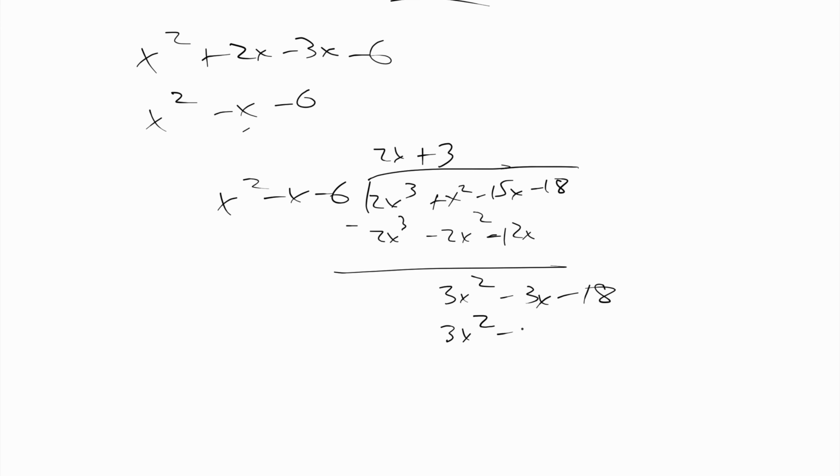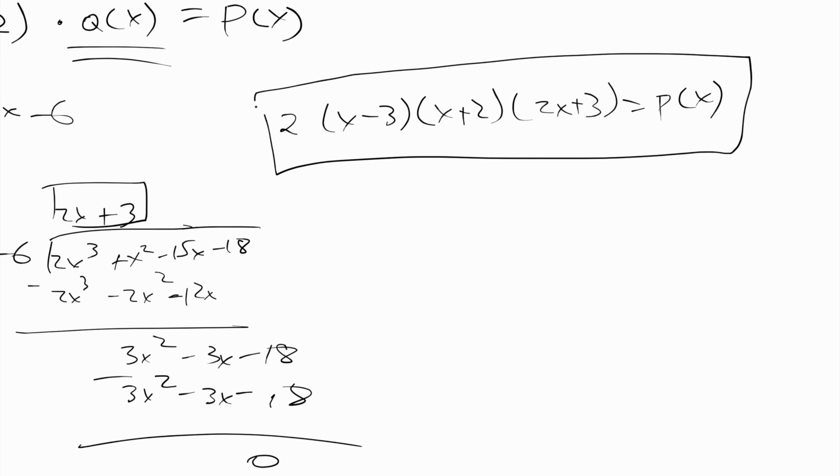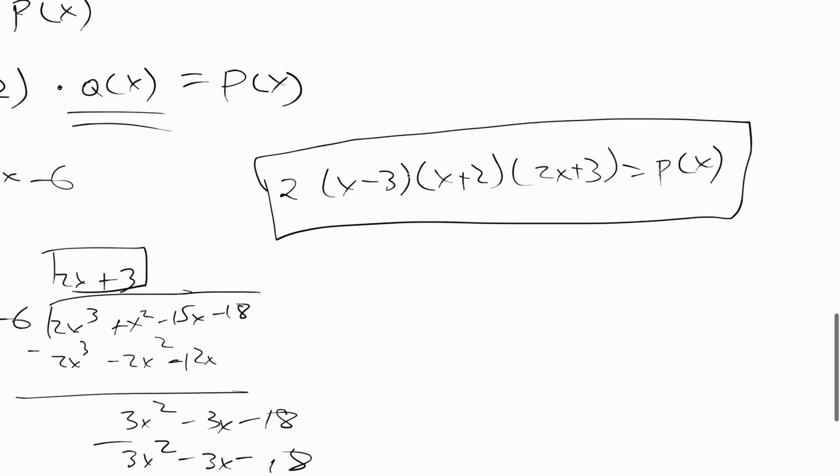We always have to write the leading coefficient in front of the brackets, and this will equal P of x. You can prove this yourself by expanding the brackets to check your answer. It should be equal to P of x, because as I said, they're all factors of it. If you multiply the factors, you eventually end up getting that polynomial.